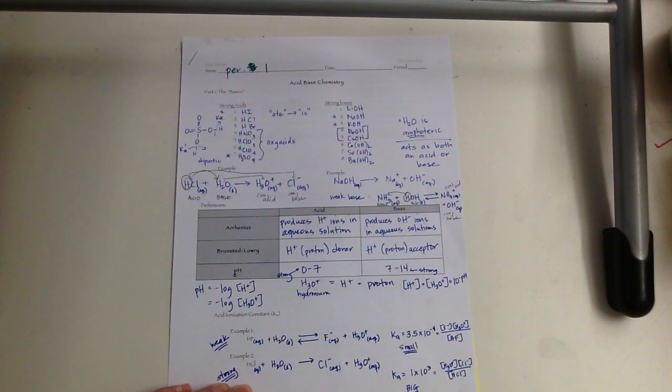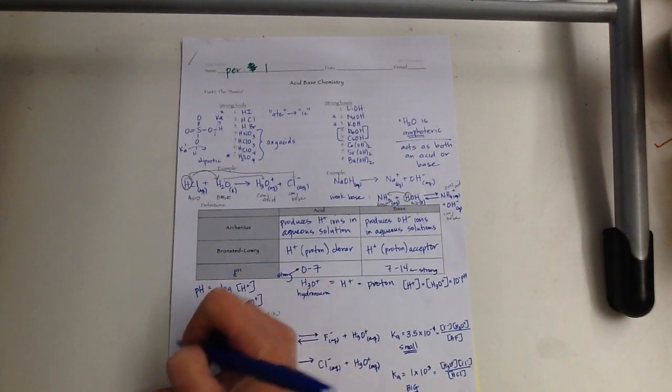Sometimes we don't even have Kas for strong acids because they're so darn large. So your book doesn't even have Ka values for strong acids because they're so big and they're not really at equilibrium. But if they were, this would be the expression. You can see because it's so big, everything or most everything is in the product form, hardly any reactants.